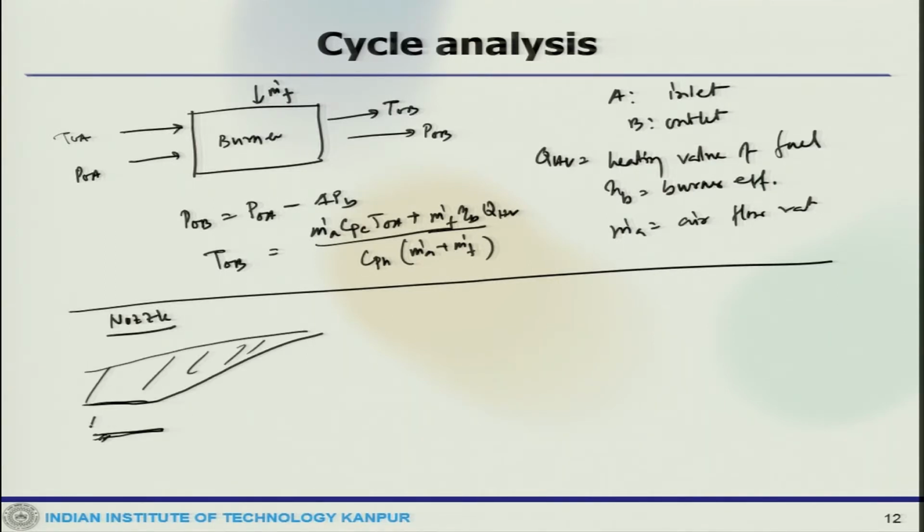Again, this is A and B, which is used as an inlet and exit.